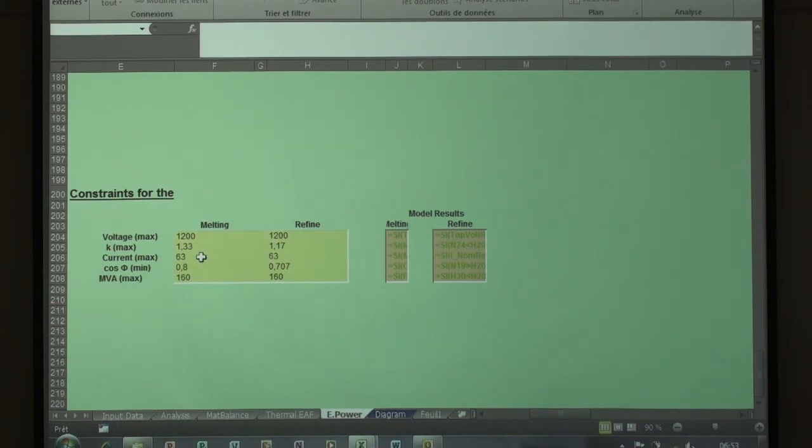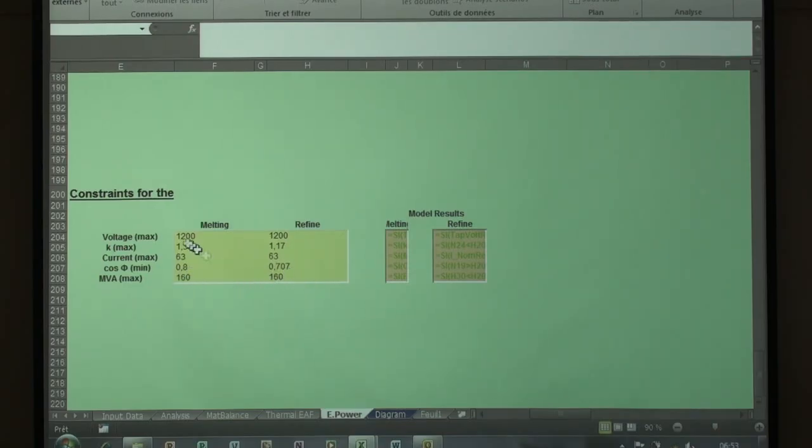The stability has to be below 1.33 for melting and 1.17 for refining, which is not really a problem, but melting has to be the case. Current maximum 63, cosinus phi minimum 0.6, and MVA as well.